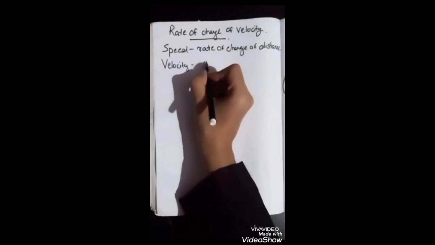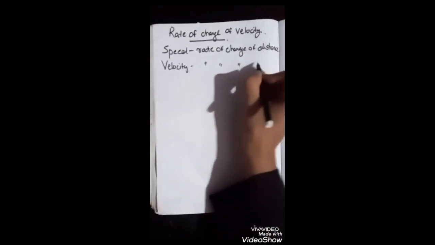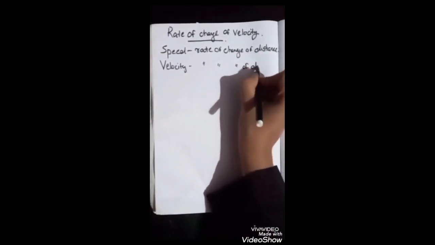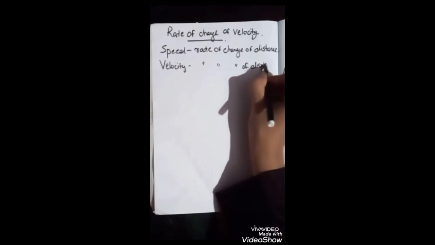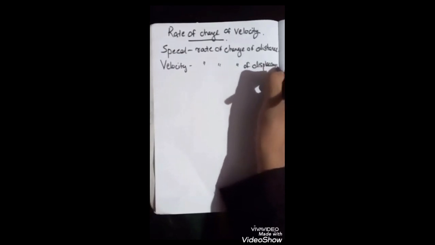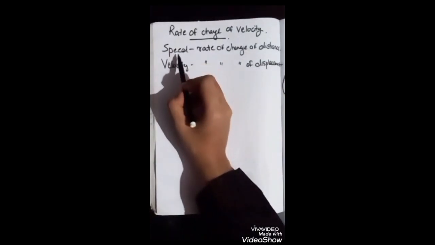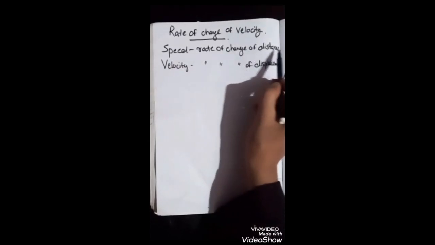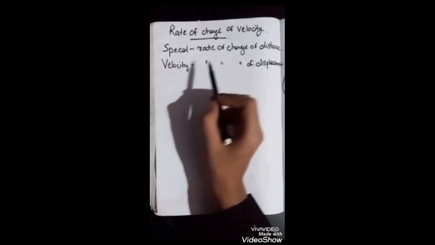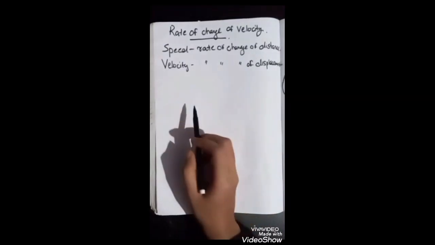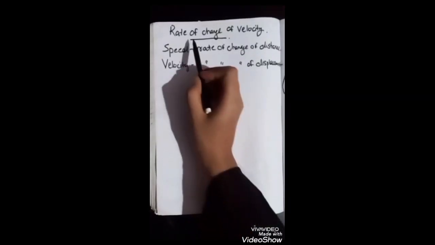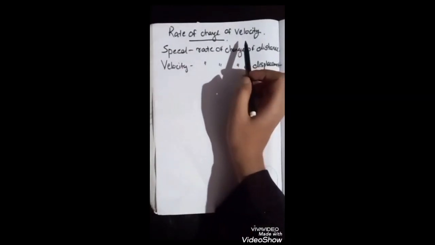Velocity is the rate of change of displacement. We already studied that speed is the rate of change of distance and velocity is the rate of change of displacement. Then what is the rate of change of velocity?